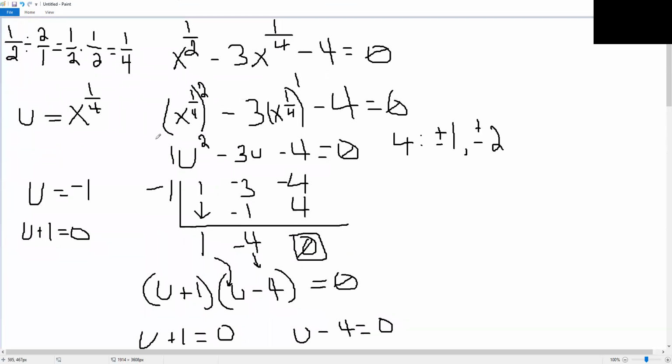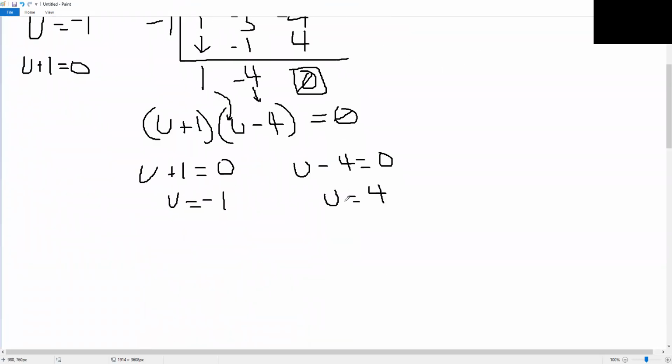Now we substituted x to the 1/4, so we're going to need to check our work. Well, not check our work, but plug this in. So x to the 1/4 equals negative 1, and x to the 1/4 equals 4.